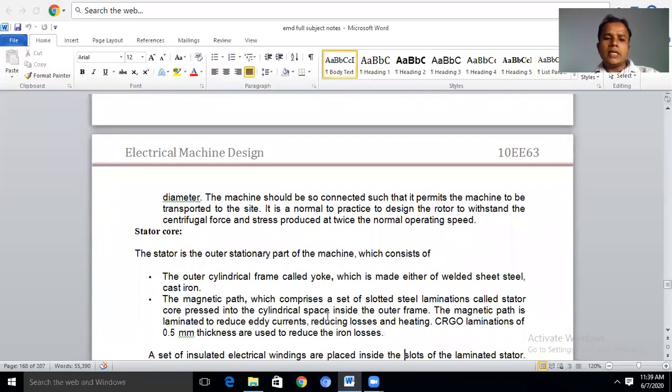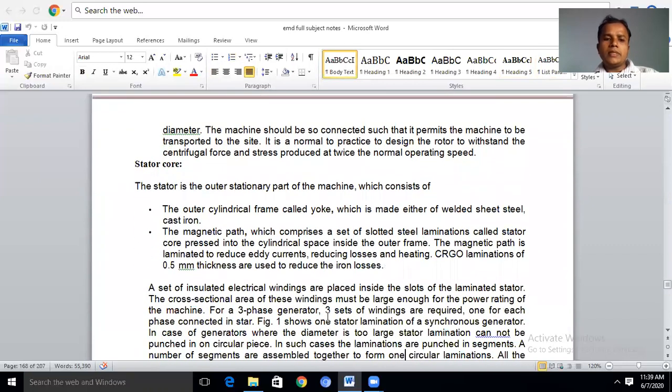In the hydro generators, the stator is the outer stationary part of the machine, which consists of the outer cylindrical frame called the yoke, made either of welded sheet steel or cast iron, and the magnetic path, which comprises a set of slotted steel laminations called the stator core, pressed into the cylindrical space inside the outer frame.